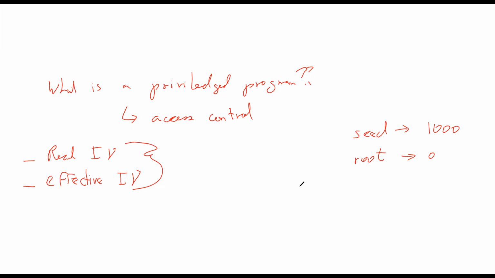So what happens is the operating system checks the user ID and checks the permissions on the access control.